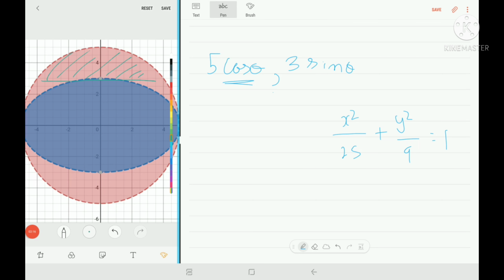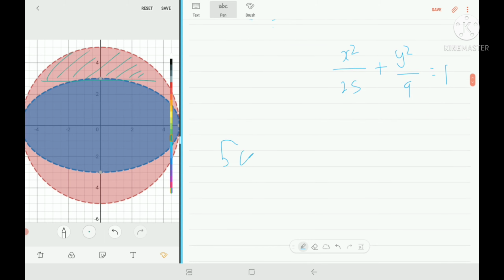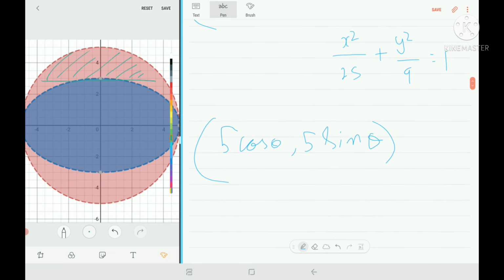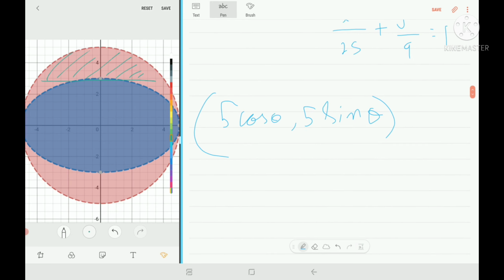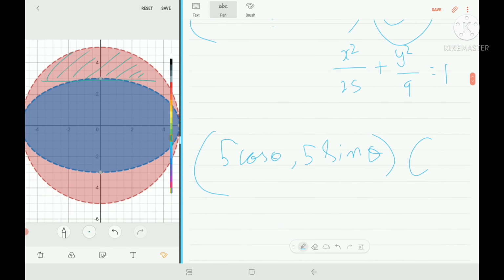All the y's in this portion will never be found in the equation of the ellipse. So when you put that particular value of x in the equation of the circle, you get 5 cos theta comma 5 sin theta. So this is the general and most simple coordinate of a point on the ellipse. This one is for the ellipse, and this one is for the circle.